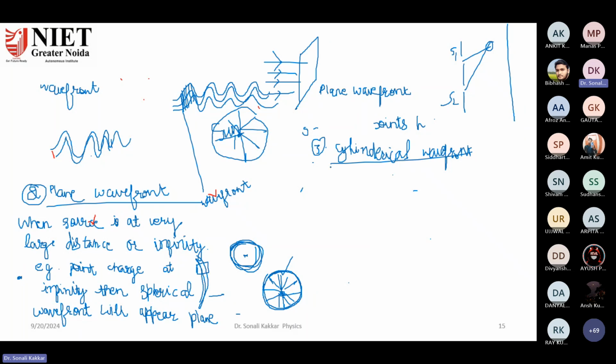It's created by a linear light source. Example: slit or tube light.